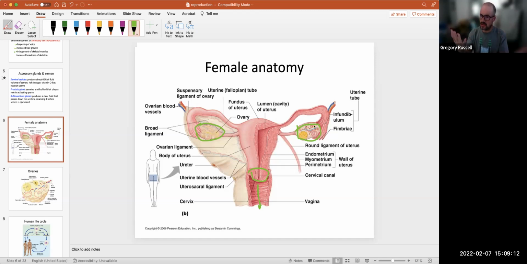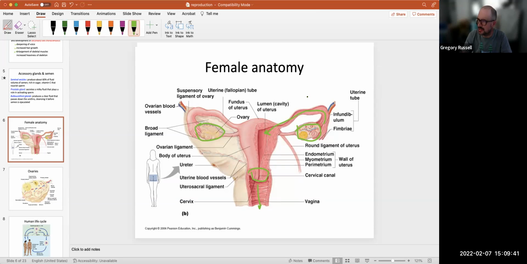So when an egg is ovulated, more often than not, it gets trapped by the opening of this tube. There are these finger-like projections called the fimbriae that you see right here. What they do is they kind of try to pull an egg in towards them. And 99.9% of the time, they end up getting swept into the fallopian tube and ultimately into the uterus.